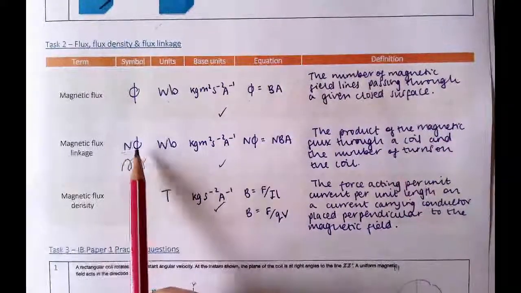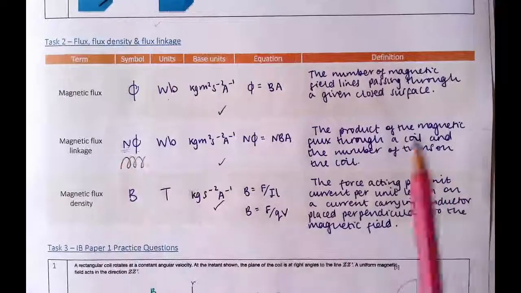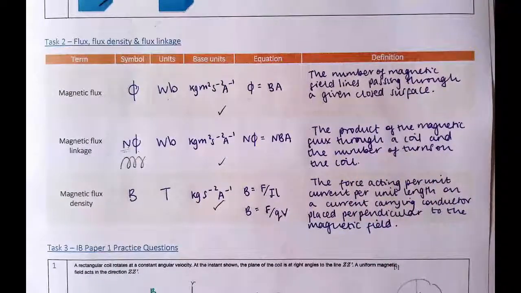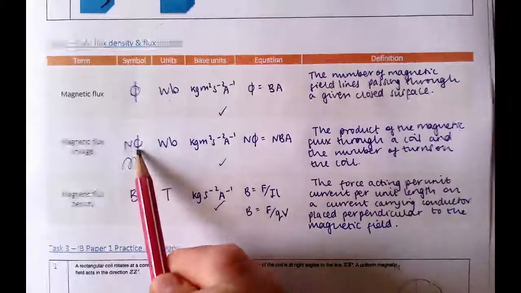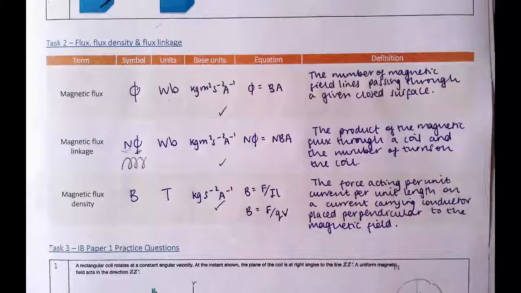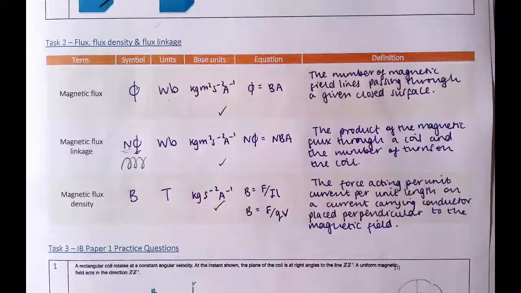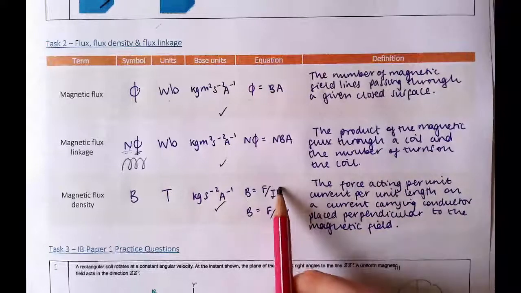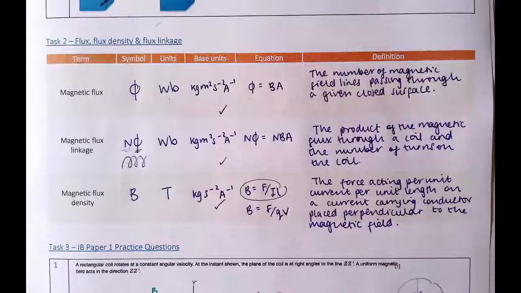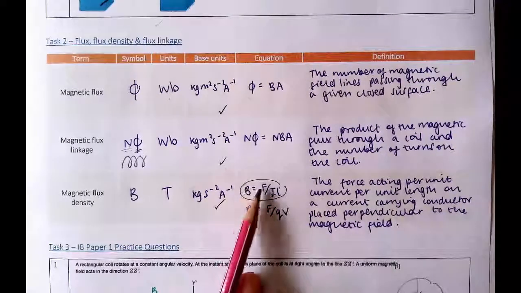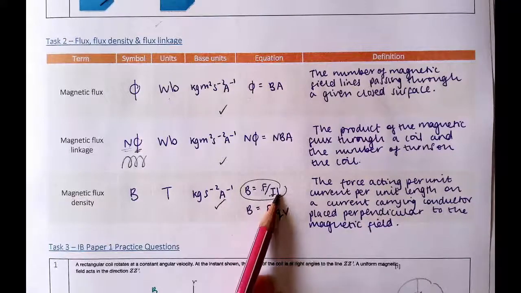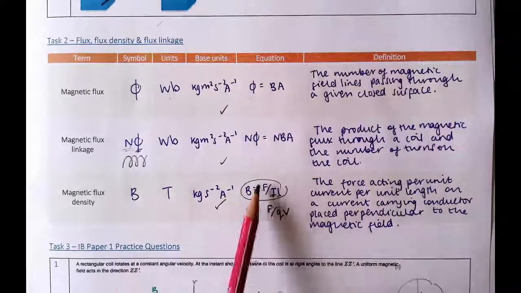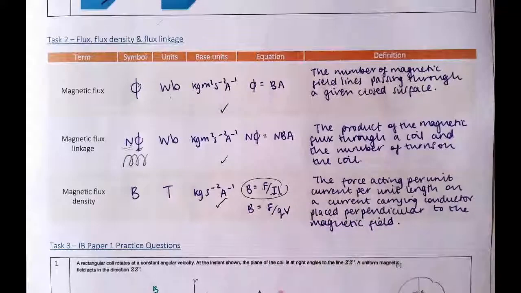We're multiplying these two things together, and therefore it's the product, which is just the multiplication of the magnetic flux through the coil, which is our flux here, and the number of turns on the coil, which is N. Okay, and then our magnetic flux density, that's where we go back to our original defining equation. B is F over IL. So it's the force per unit of current per unit of length. So that's where we get our numerical value from, but we need to extend that.